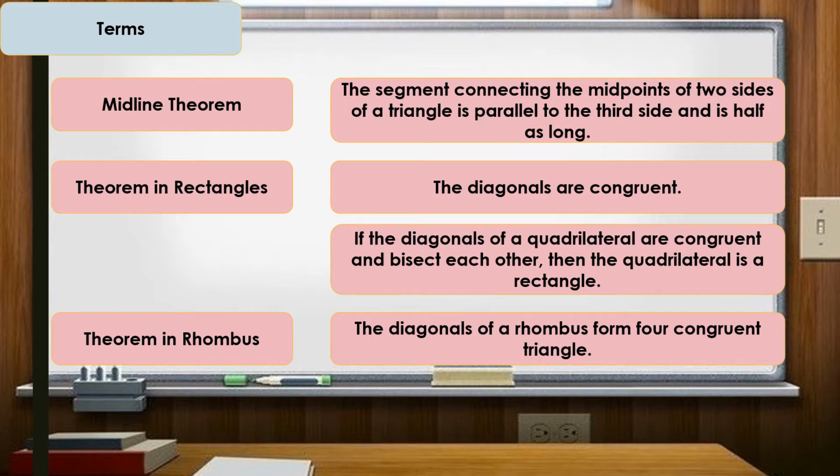Same as the theorem in rhombus: diagonals of a rhombus form four congruent triangles. So if you make a line that is slanted from its opposite points, you can make a diagonal. Then after that, you can connect all the lines that form on that diagonal.